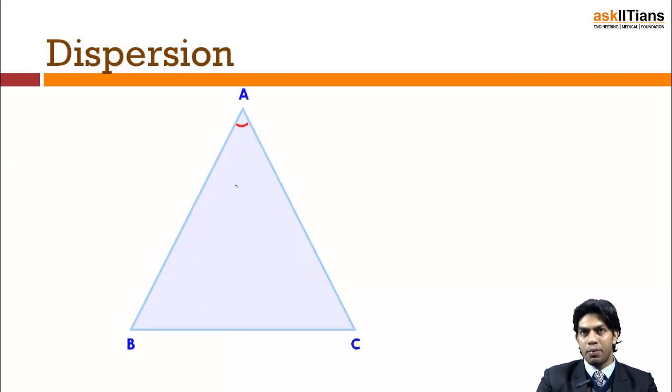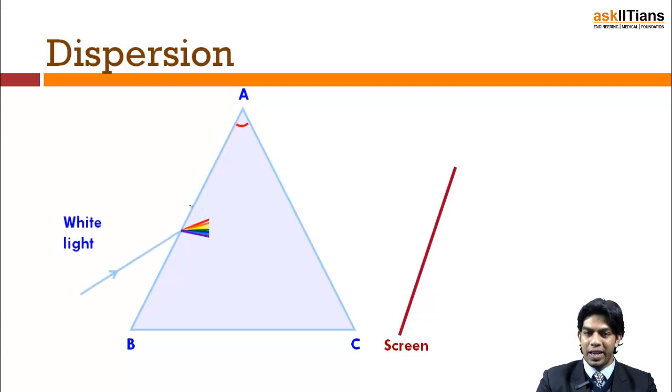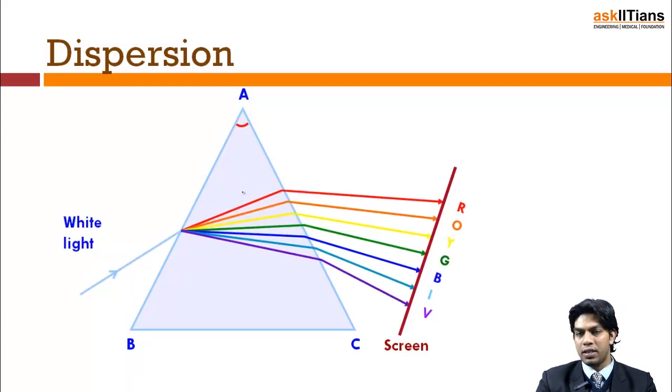So I have this prism, angle of incidence is A, and I have a screen over here. Now I will do what I told you in the previous slide. White light comes in, splits into 7 colors, and this is what we get. If you look closely, I am getting red over here and violet over here. Violet deviates the most. It was supposedly about to go in this direction, but the violet has deviated like this.